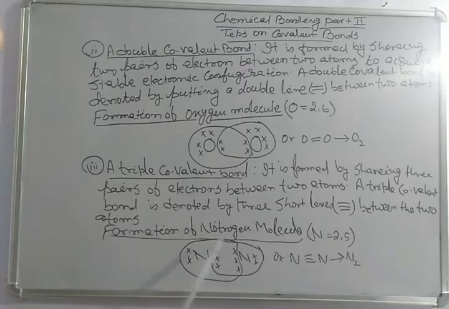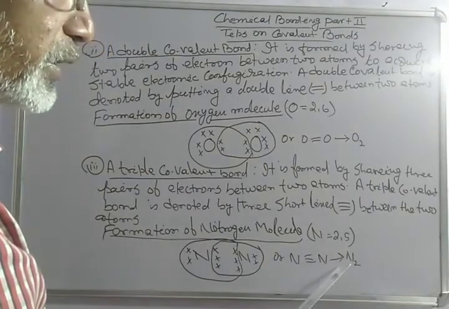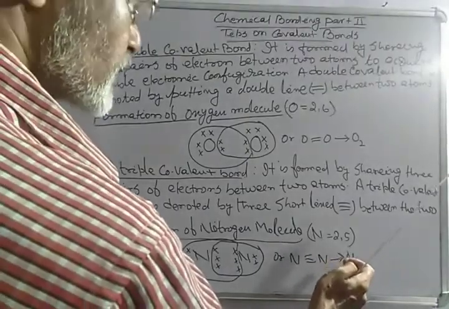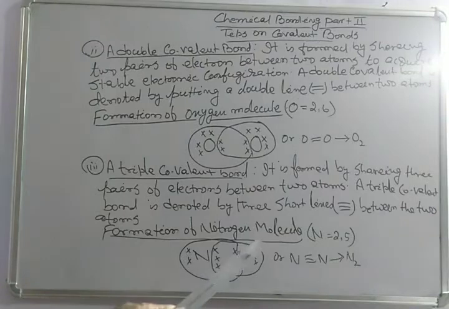This is by sharing, and in the last shell it becomes 8 and stable. It is written as N, 3 lines, N, which is N2. This is the nitrogen molecule, and it has a triple bond. So this is all about chemical bonding, covalent bonds.